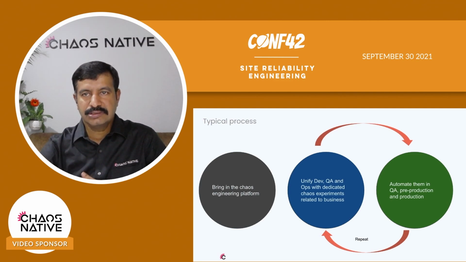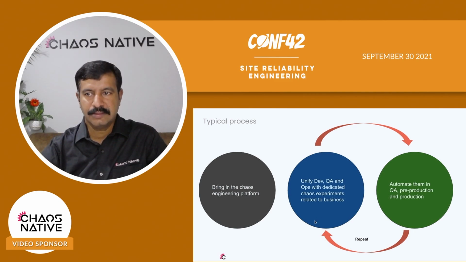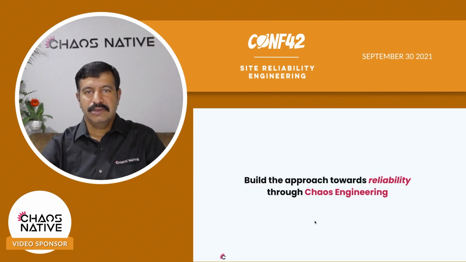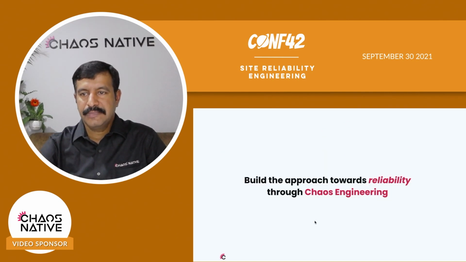And then as you start automating, you will find more chaos scenarios or need for more chaos scenarios. And then the DevOps process will kick in for chaos engineering as well. Right. So in summary, the idea of improving reliability is take an approach of chaos engineering underneath and start improving your reliability in incremental steps.